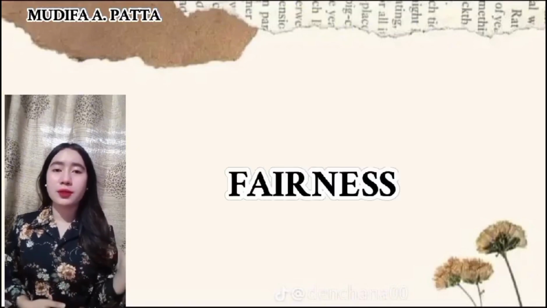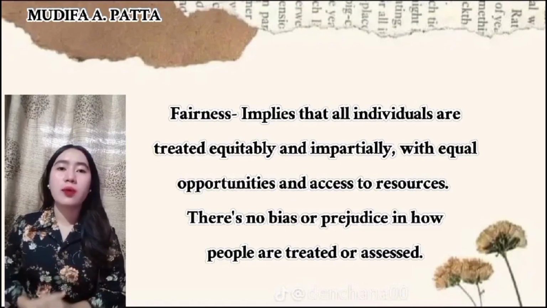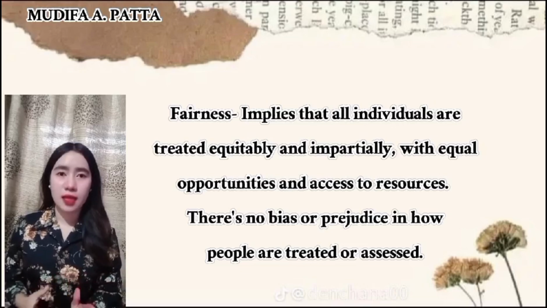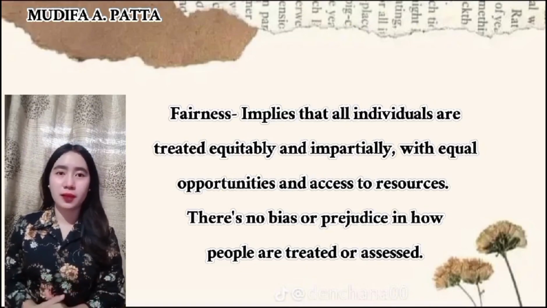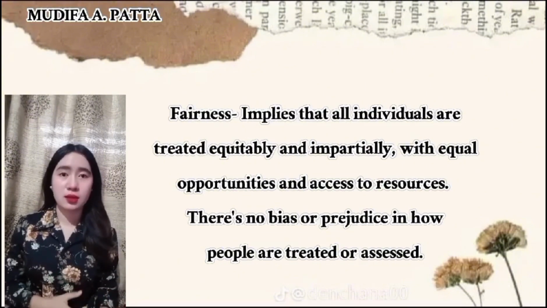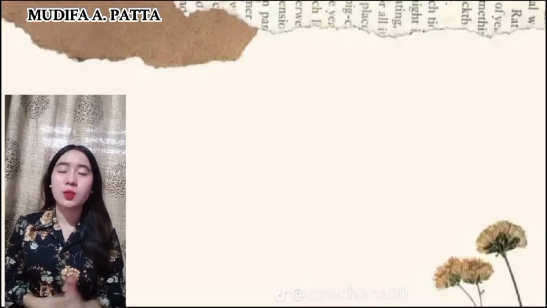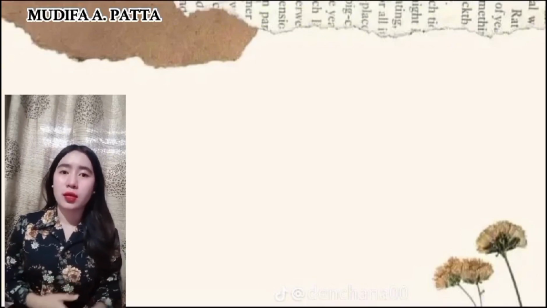So, fairness implies that all individuals are treated equitably and impartially with equal opportunities and access to resources. There is no bias or prejudice in how people are treated or assessed. Fairness means ensuring everyone has an equal opportunity to succeed, even if they need different support.